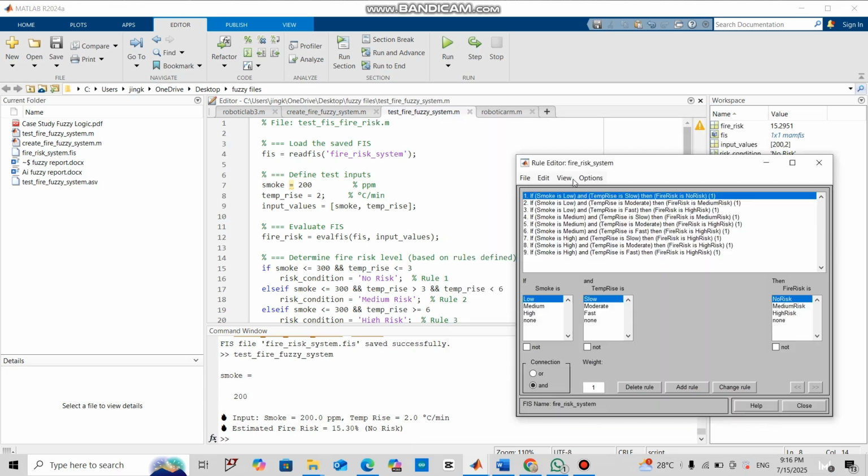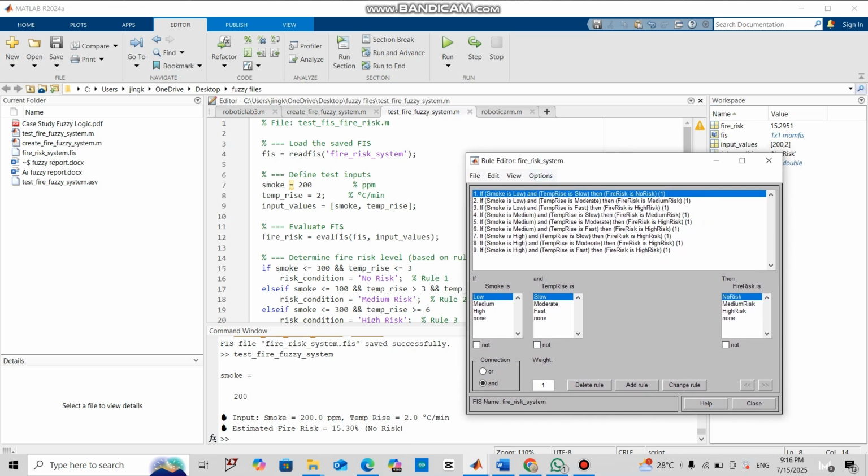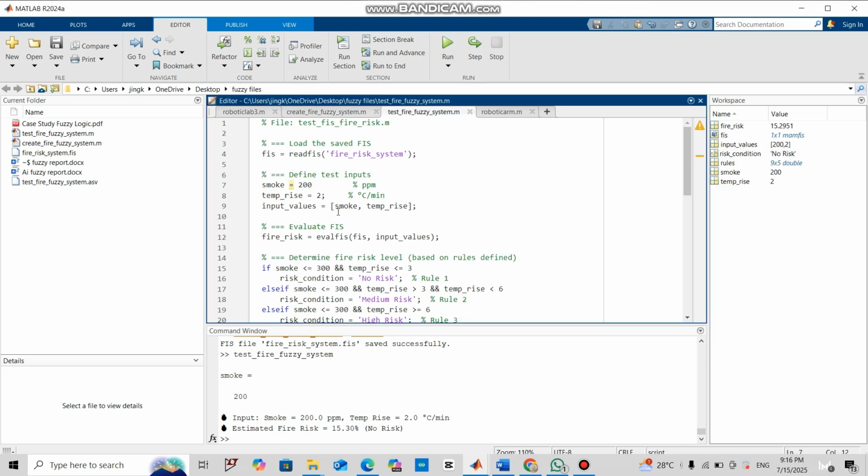which is 15.30%. Now I would also like to test a second input, where I put the smoke as 700, which is considered high, and the temperature rise as 4, which is considered moderate in the temperature rise rate properties. What is the output after I run?